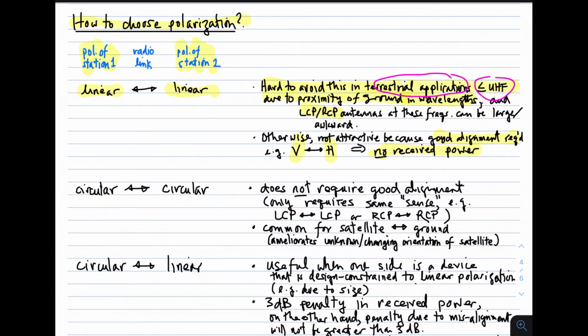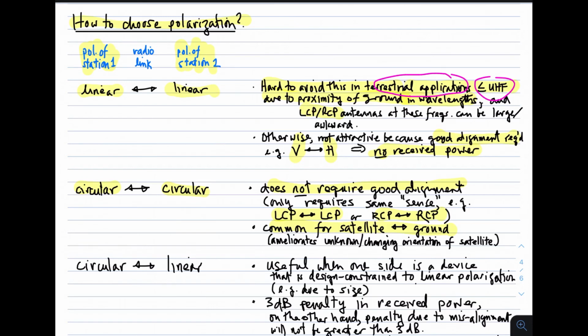So a choice that goes in that direction is going circular to circular. This does not require good alignment. Those antennas can be rotated. It only requires that they have the same sense. So left circular on both sides or right circular on both sides. Because this is insensitive to alignment, this is common for satellite communications when the satellite is communicating with the ground.